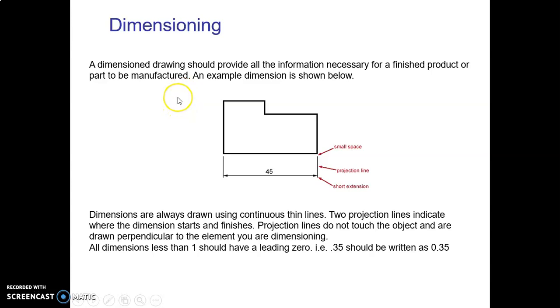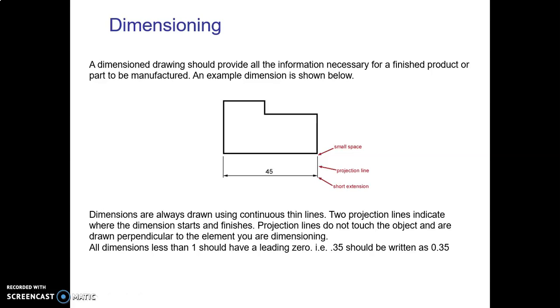So a dimension drawing should provide all the information necessary for a finished product or a part, to produce a complete drawing. So this is the small space, the gap, the projection line, and some short extension.